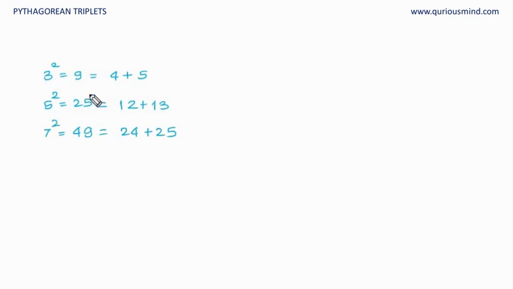And we saw how we calculated this. We said that if we want to calculate m square, square of m, then the numbers which we get are m square plus 1 upon 2 and m square minus 1 upon 2.